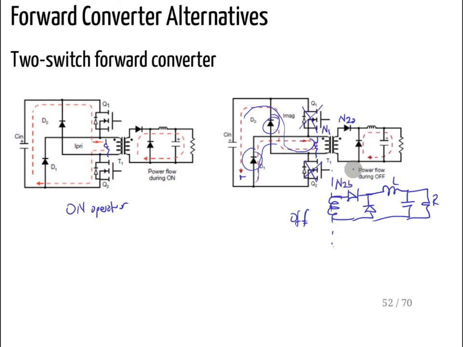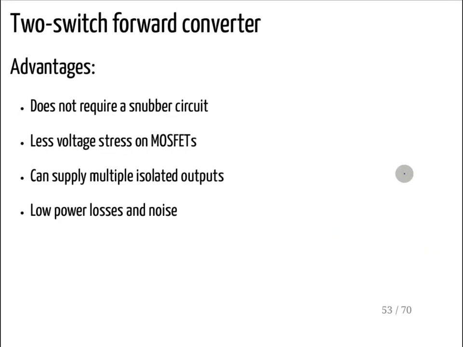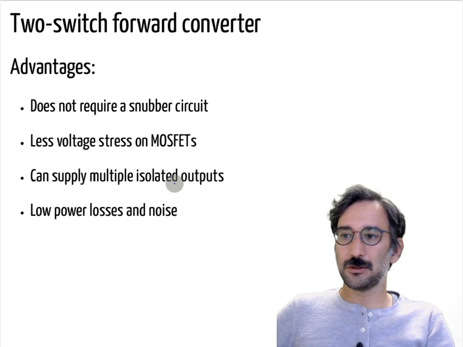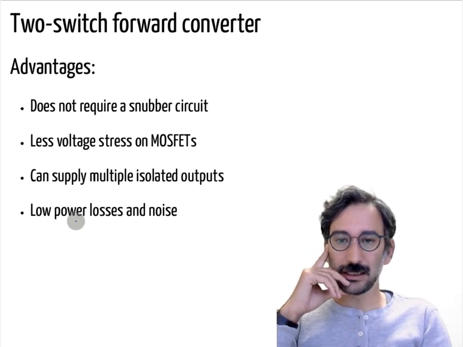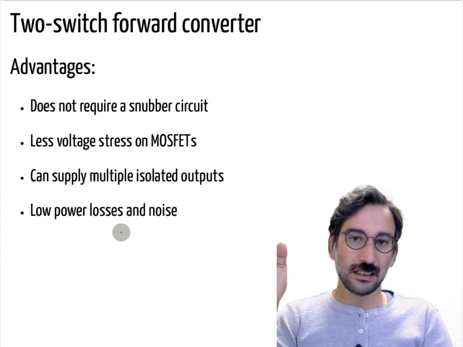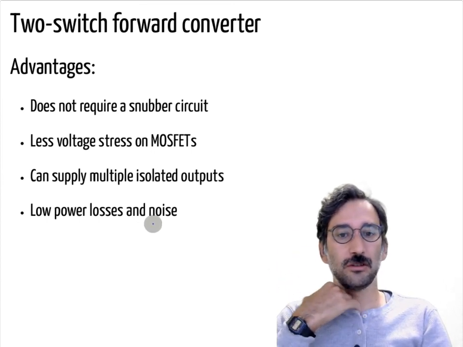By using different turns ratios on the same core, you can supply different outputs, say V out 1 and V out 2. So you can supply multiple isolated outputs by using the same core with different windings. And the two switch has low power losses and noise.